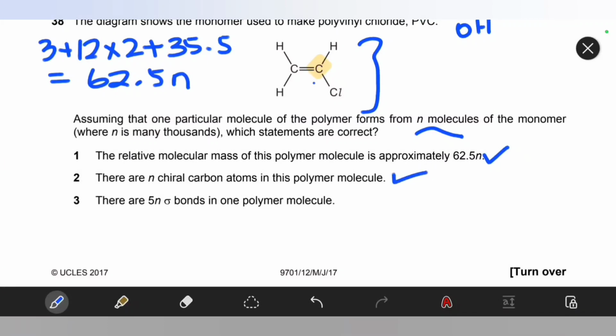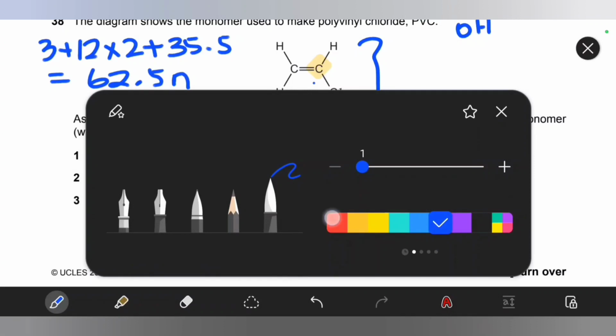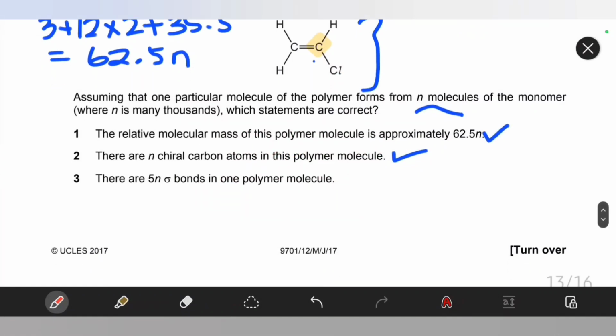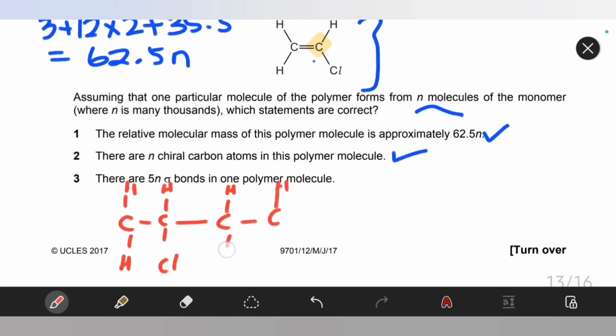Now the third is there are 5 n sigma bonds in one polymer molecule. This is actually wrong, because let's take an example of a molecule. So let's draw. Now, this shows only 1 molecule, only one part of a polymer, right?